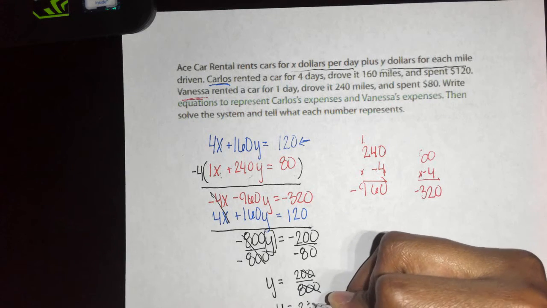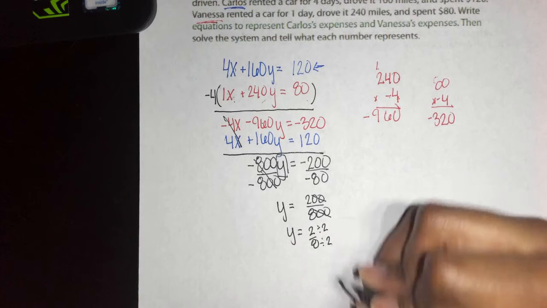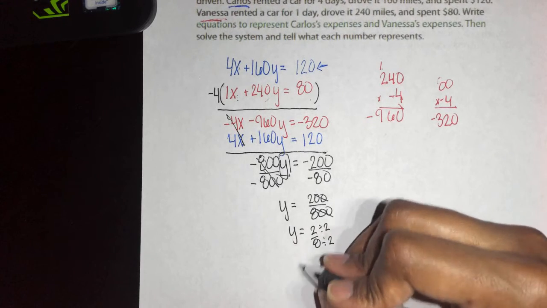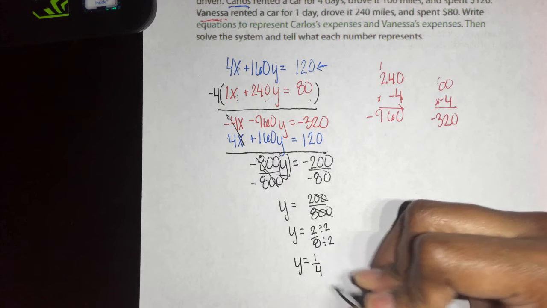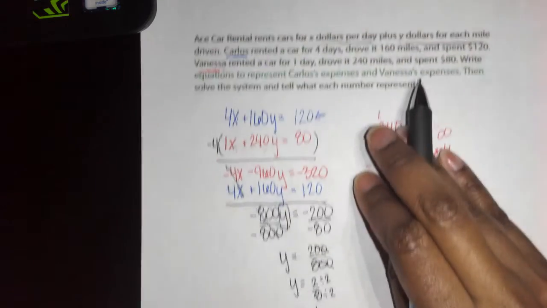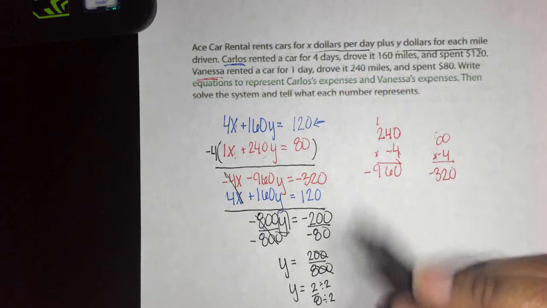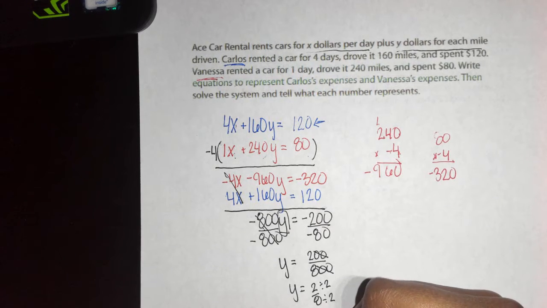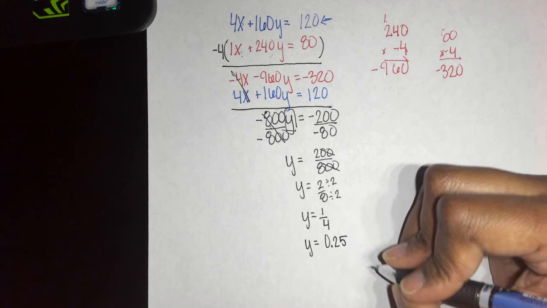Even further, I can divide both of those by 2 and I end up with y equals 1/4. Since we're talking about dollars, y is the number of dollars per mile, so y is equal to 0.25, 25 cents in other words.